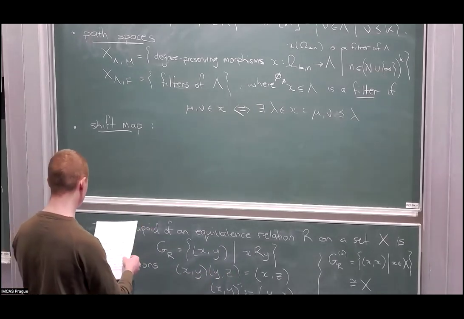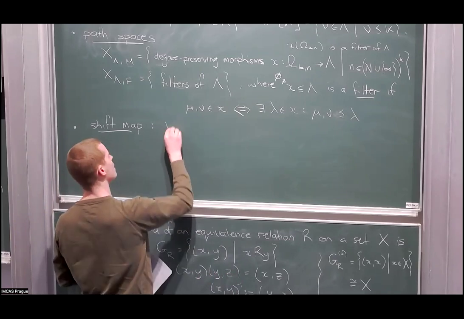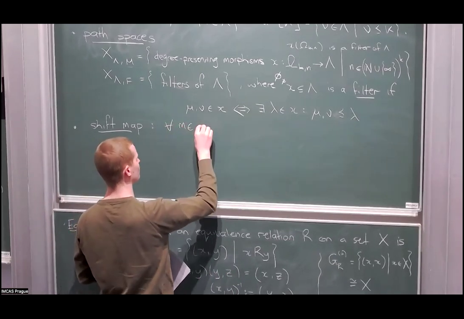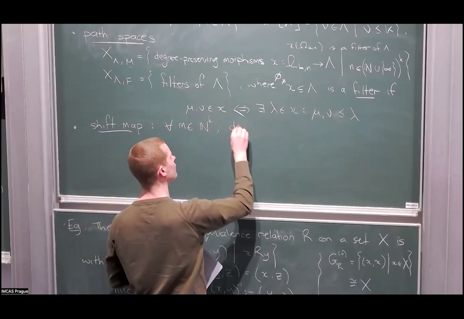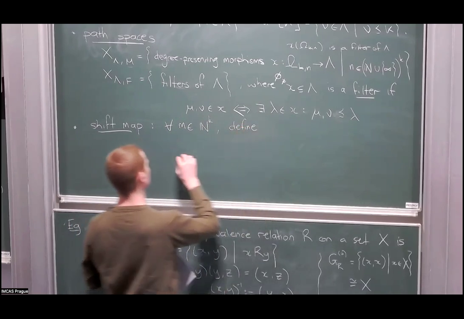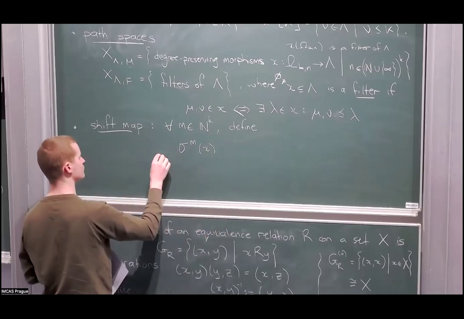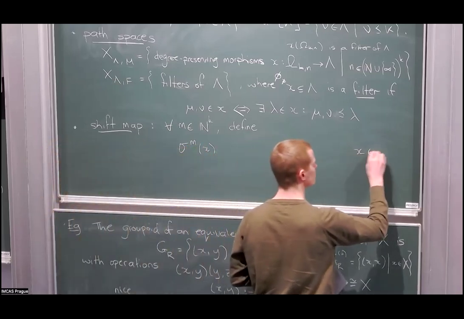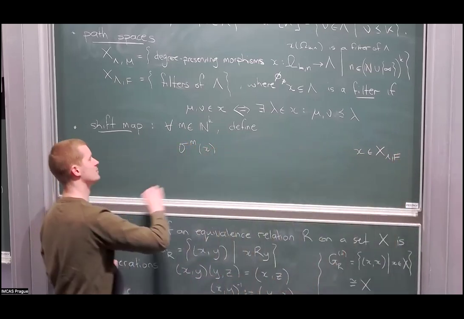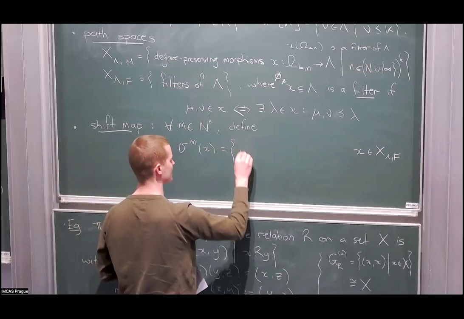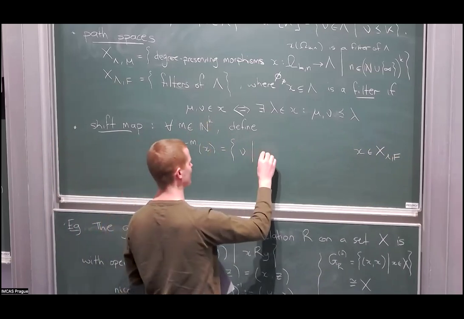So we say, for each possible direction I could move in, we define the m-shift of some filter X. This thing is a subset of lambda, the set of final segments after I've moved by a degree m.